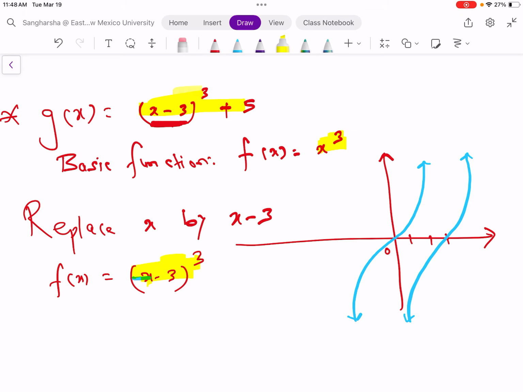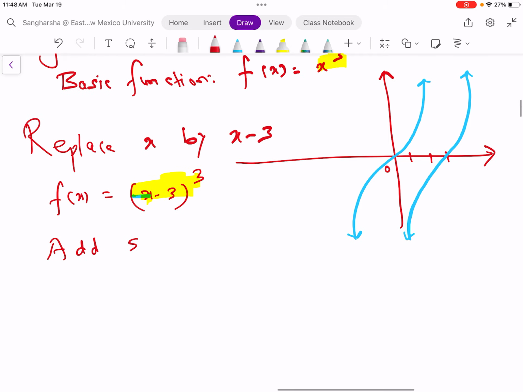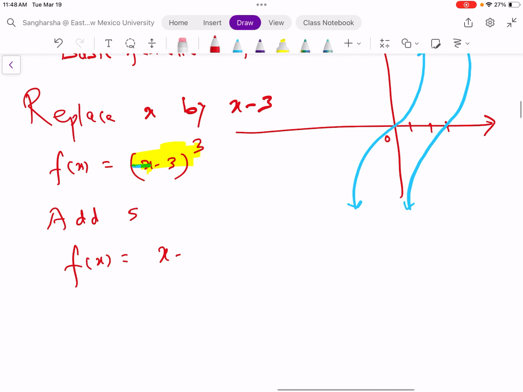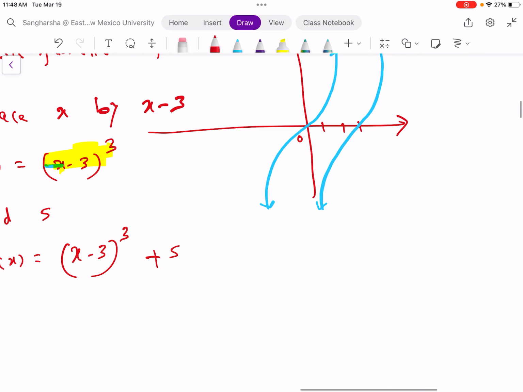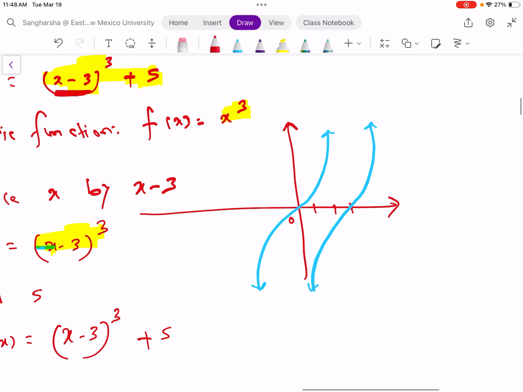That's what we have, and we need a plus 5. It means we need to add 5 to this function. After we add 5, our f(x) is (x − 3)³ + 5. Now, what happens to the graph when you add a number? The graph is shifted vertically up by how many units? 5 units.